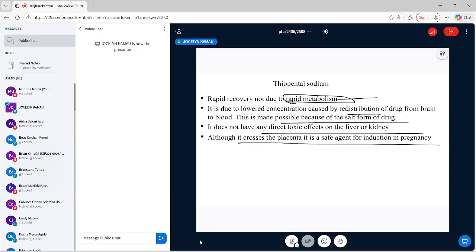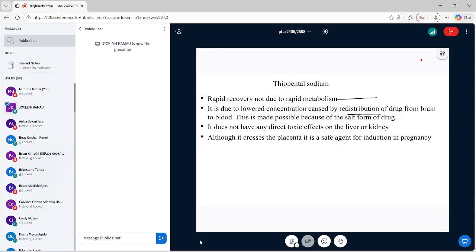So we are therefore saying that when you give the drug as a salt, it will get into the blood, high lipid solubility, it will go into solution because it is a salt form. Once it gets into solution, it will undergo equilibration, like move very rapidly across. And that's why we are saying it will pass the BBB, because you give it as a salt.